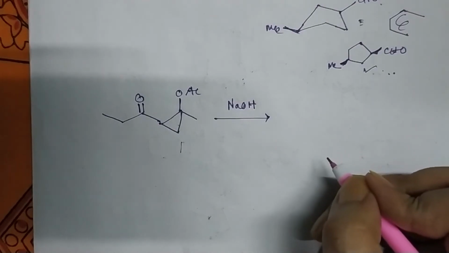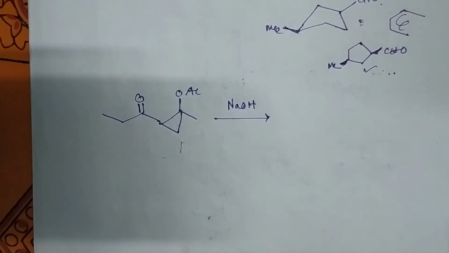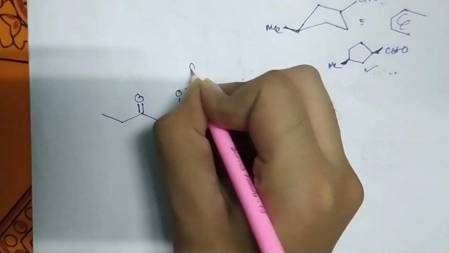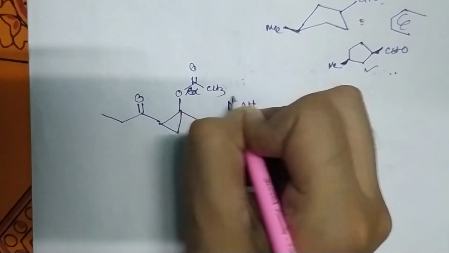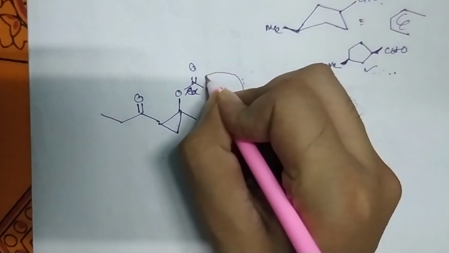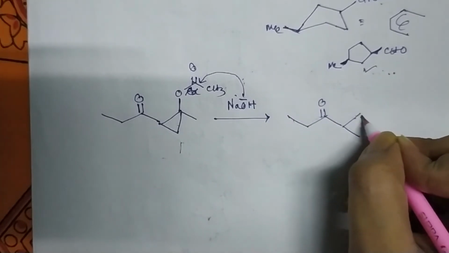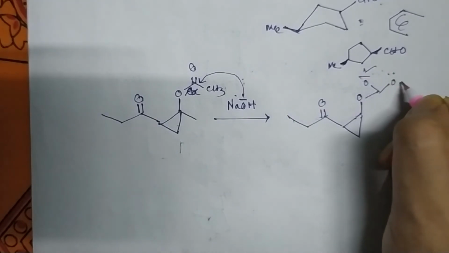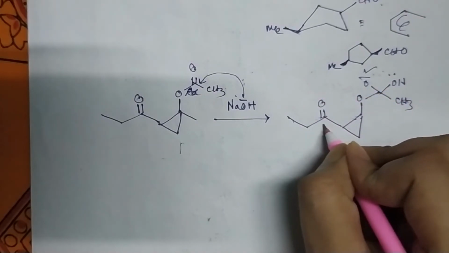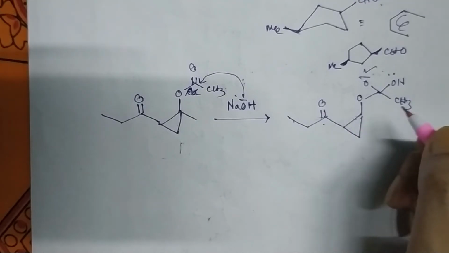So here, at first let's write this acetate group in open form. At first, this O minus reacts with this center. You can argue that this center has higher nucleophilicity, that this center is more prone to nucleophilic attack than this center.